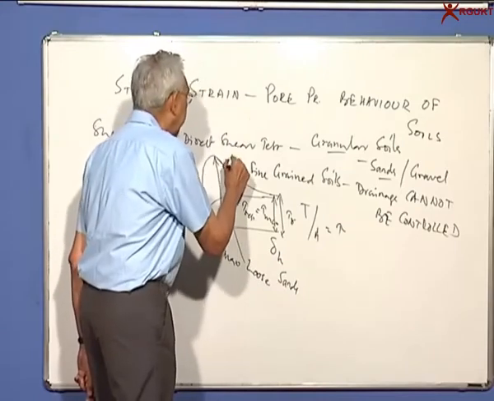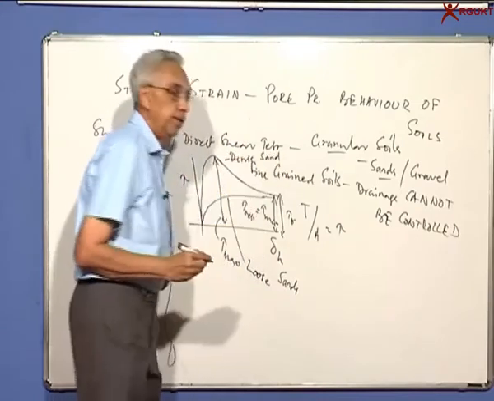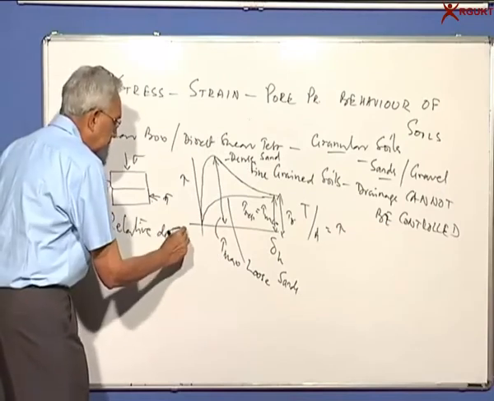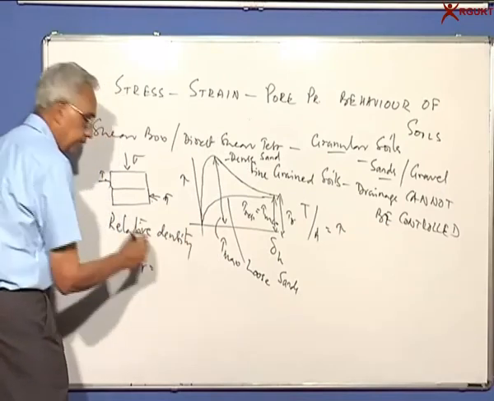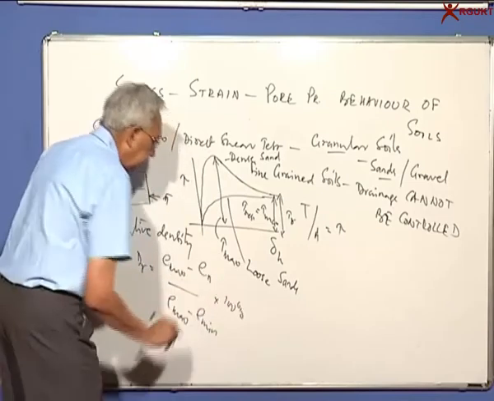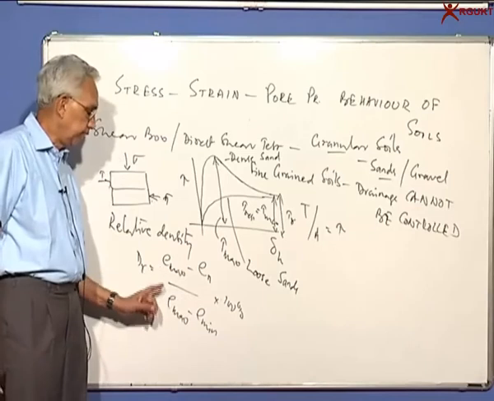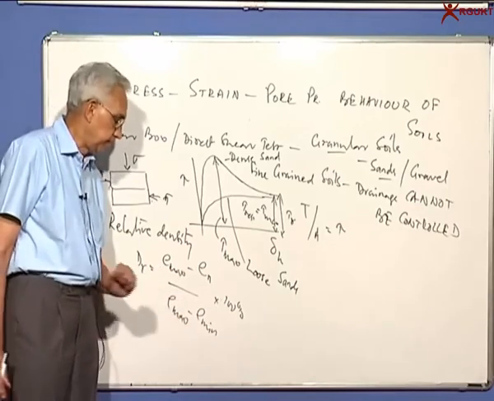Whereas if I have dense sand, if you remember, we defined what is called relative density. Dr is equal to, say the natural void ratio is e_n. We know the loosest void ratio and the minimum void ratio.